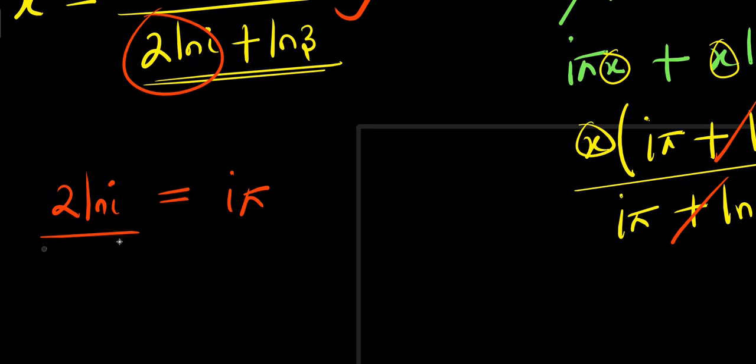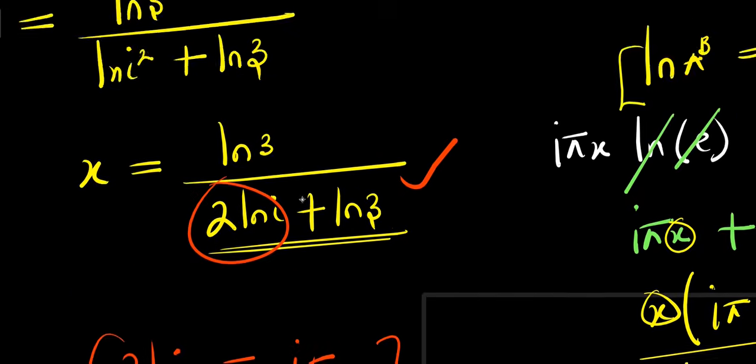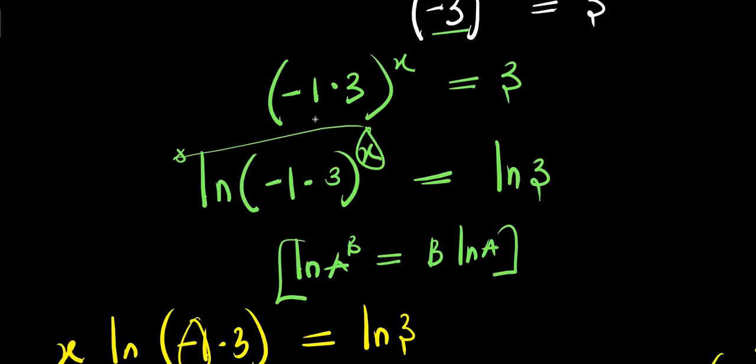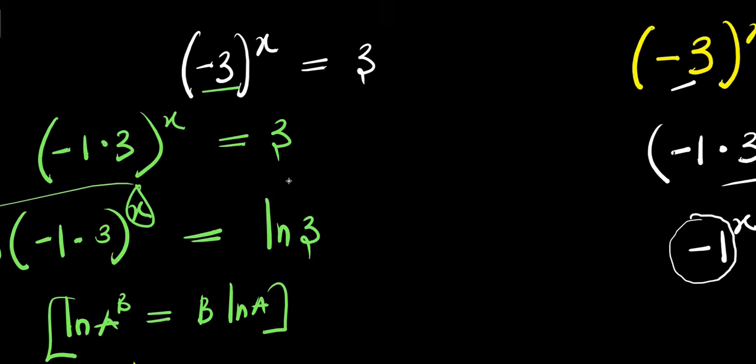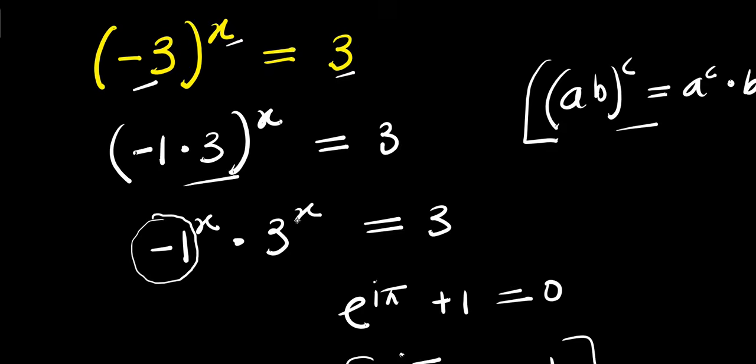So 2 times natural log of i equals i times pi. So these two are now the same and this is it. So guys, this is how you can solve this exponential problem. Any of the methods you can use is the same.